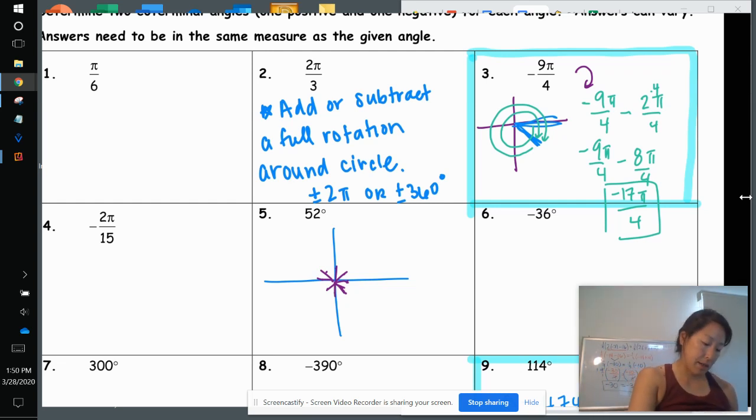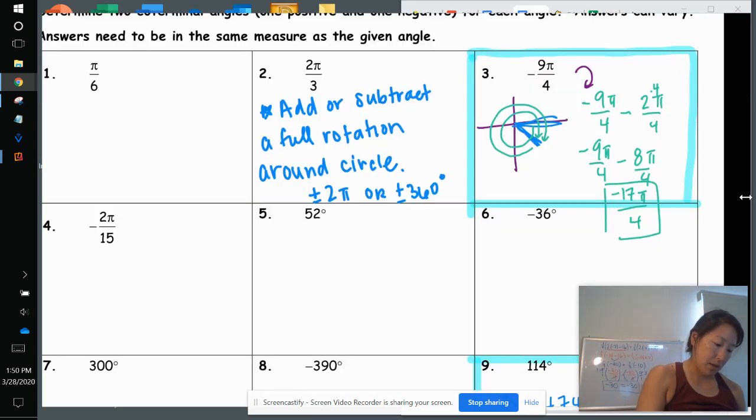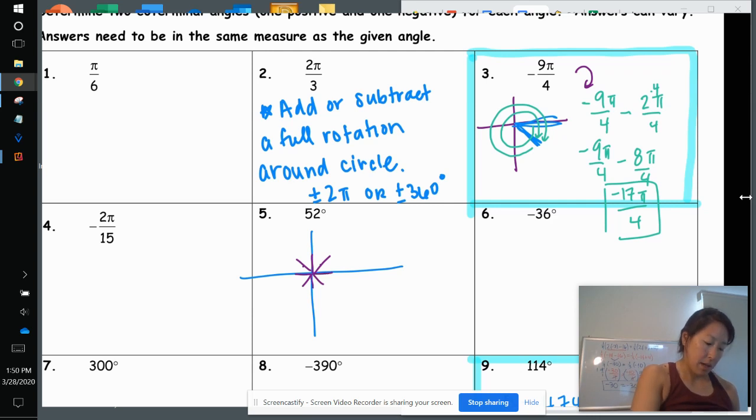How do I get a positive coterminal angle? All right, I'm going to go back to my drawing here. Go back to the drawing board. Okay, I have 1, 2, 3, 4, 5, 6, 7, 8. Okay, so again, my angle is right here.